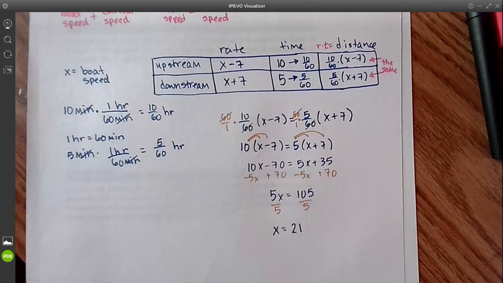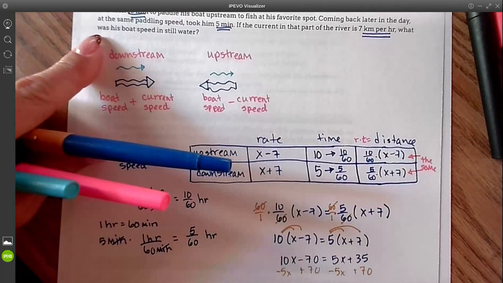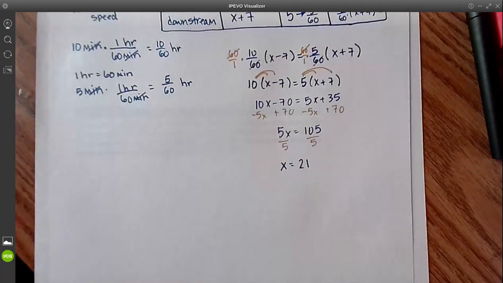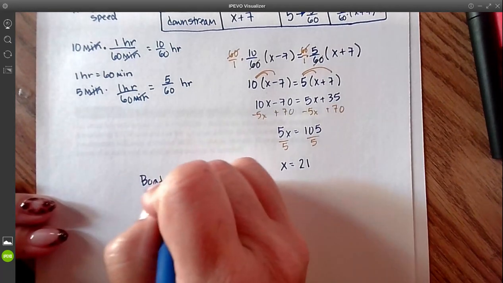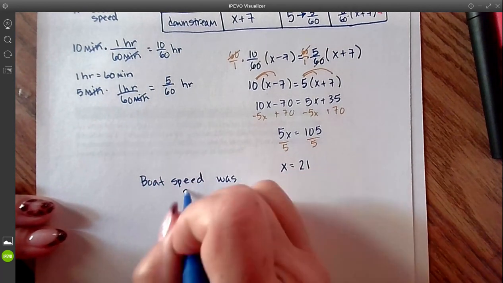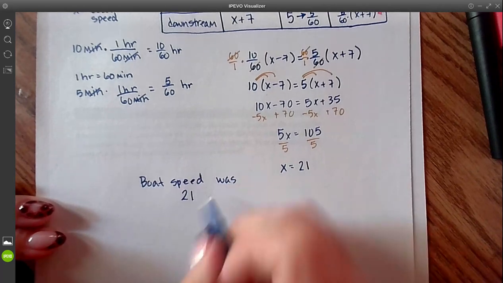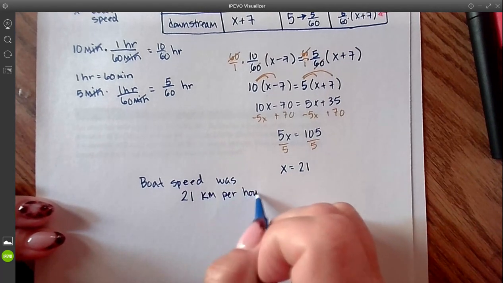So 21 is x. X was my boat speed. And the question is asking, what was his boat speed in still water? So now I have my answer. I can say the boat speed was 21, and my units were kilometers per hour.